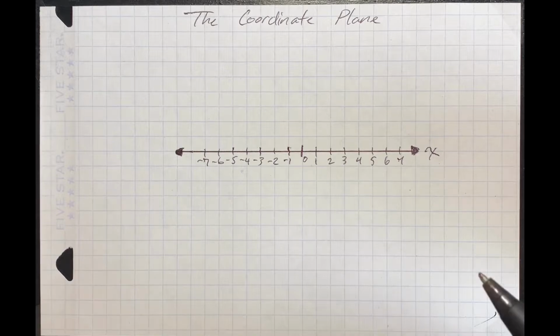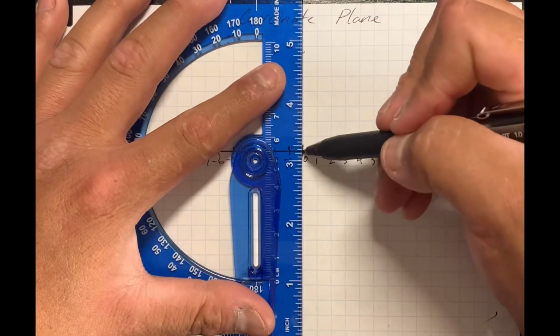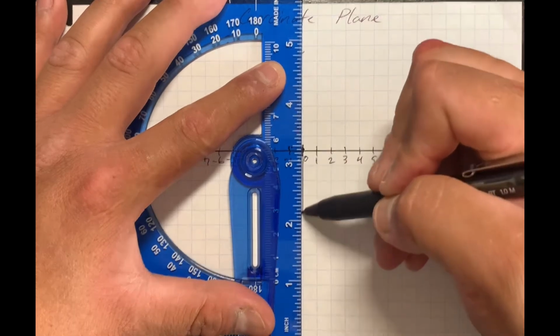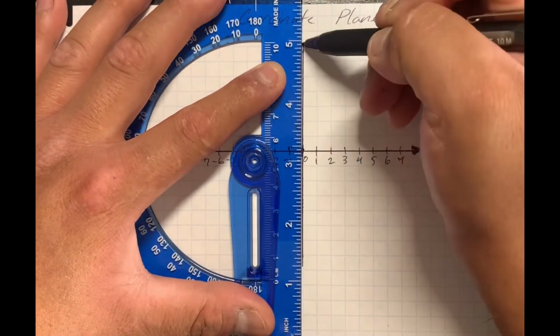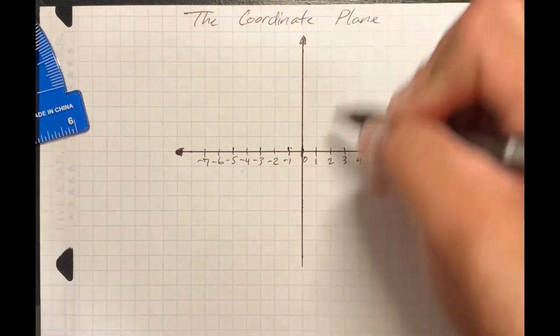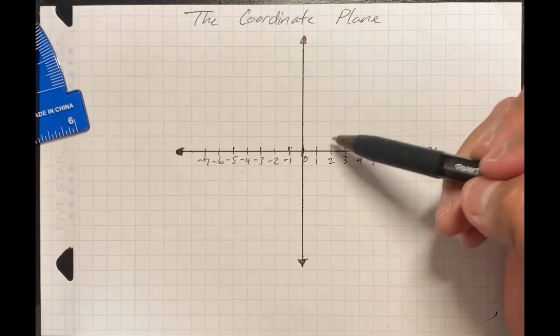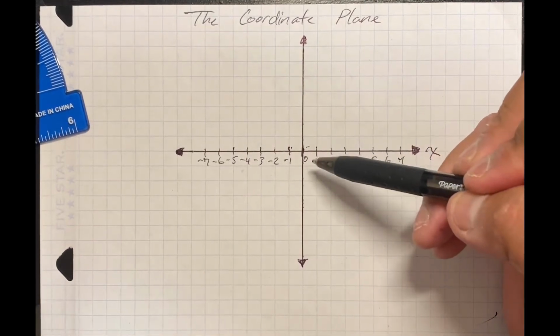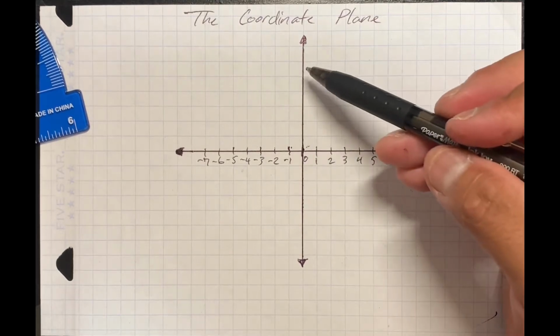Now the y-axis is our vertical number line. The y-axis and the x-axis cross, they intersect at the origin. Now at our origin here, we think of elevation, positive integers and negative integers.